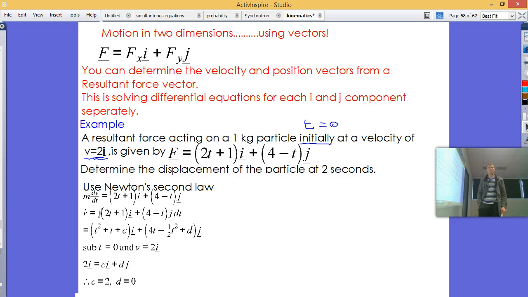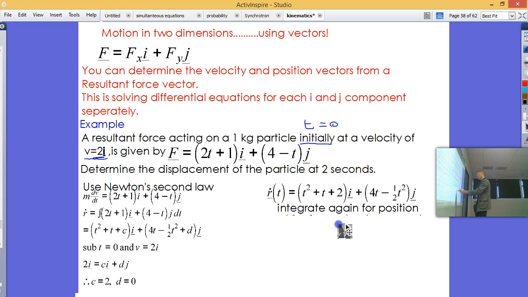And from that, by equating my I components and equating the j components, I get my values for each integrating constant there. Let's substitute that into the rule and I get my particular solution in vector form.